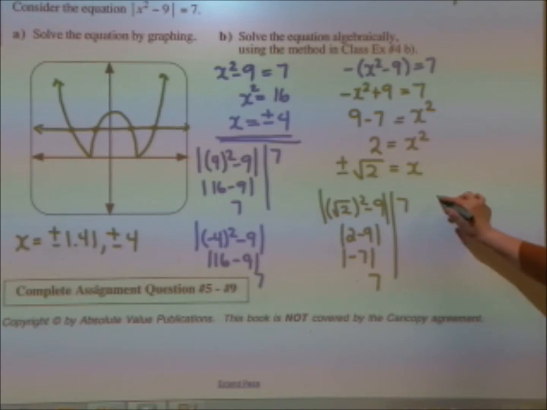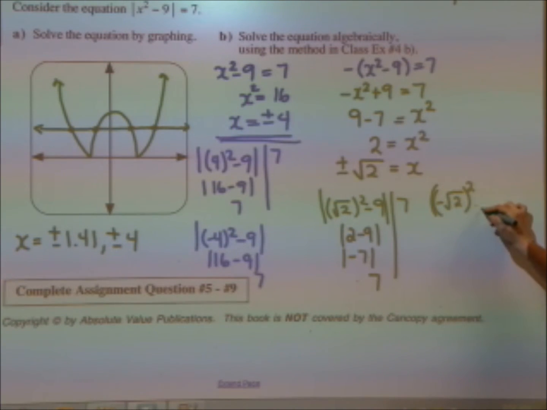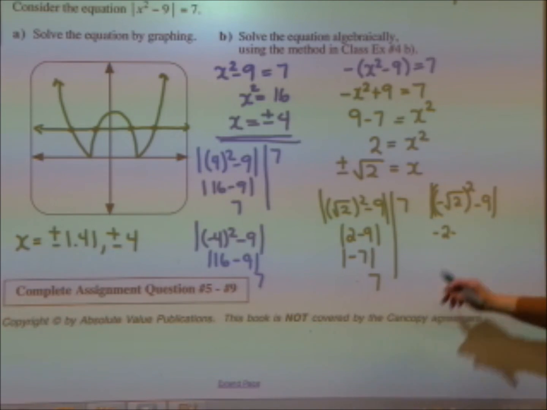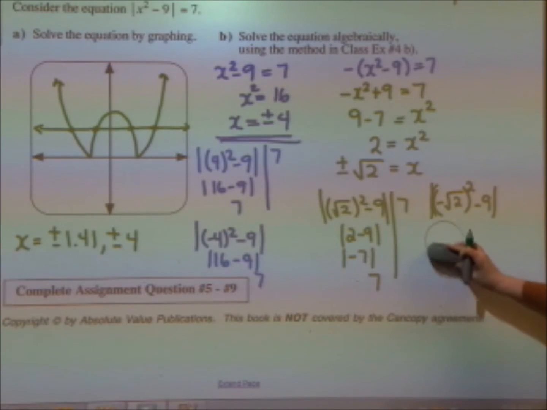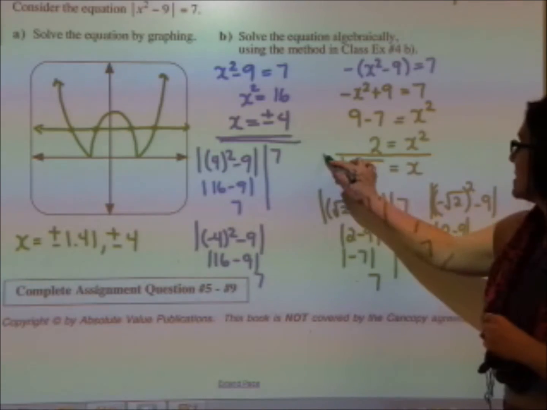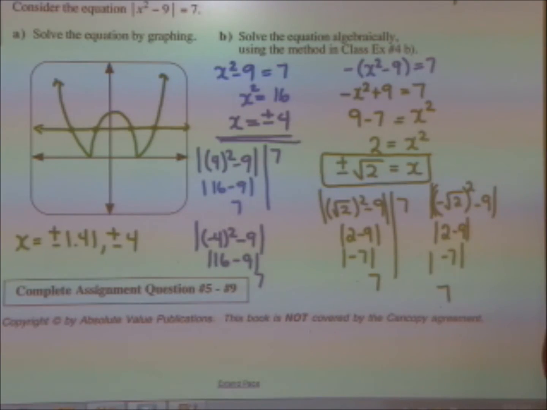And the same thing, if I take the negative root 2 squared minus 9, and I take the absolute value of it, I get positive 2 minus 9, which is negative 7, the absolute value of which also equals 7. So that makes this a good solution as well.